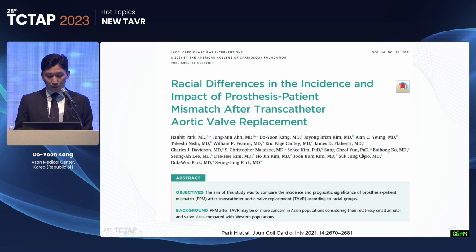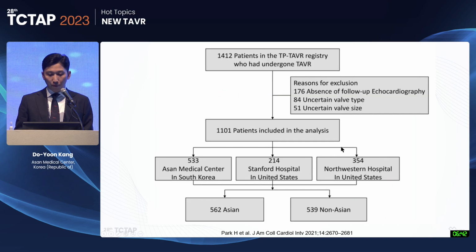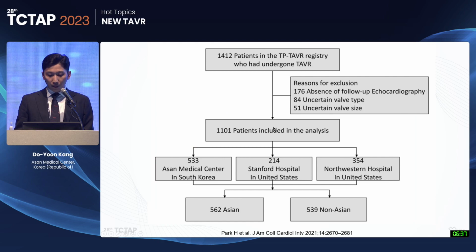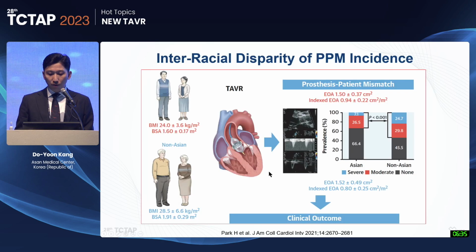And the second paper was in JACC Intervention about patient-prosthesis mismatch after TAVR, also comparing Asian and non-Asian patients. Because PPM was defined by the indexed EOA, and because the Asian population has a smaller BSA, the PPM rate was lower.